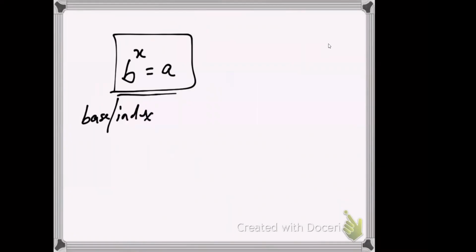To convert this to logarithmic form, the short form for logarithm is log, L-O-G. We write the base just below the line, that's b there. So log base b, and we take the answer and put it beside it, and the power or the index comes there.